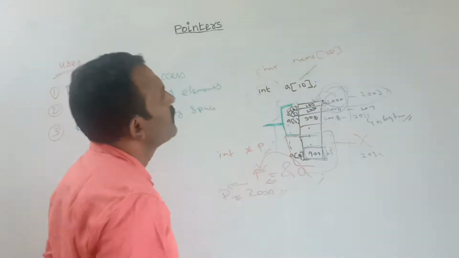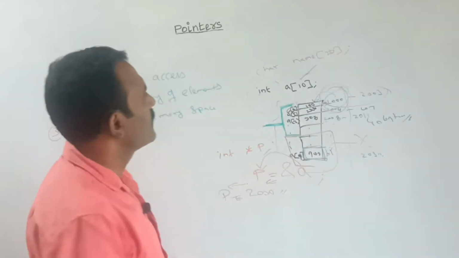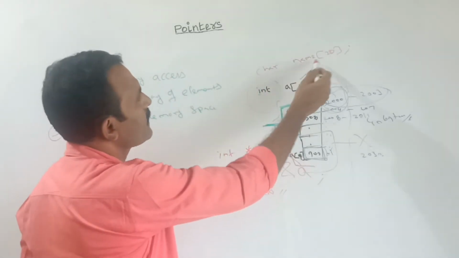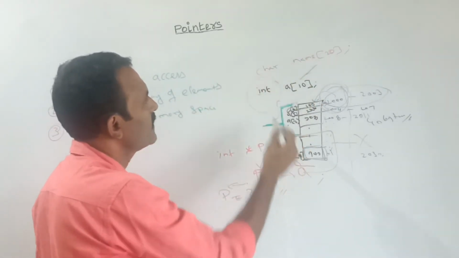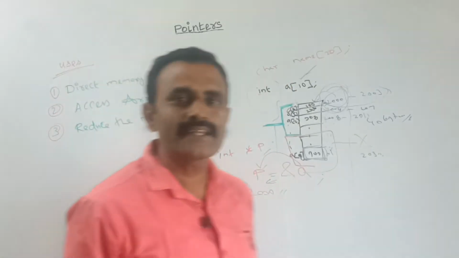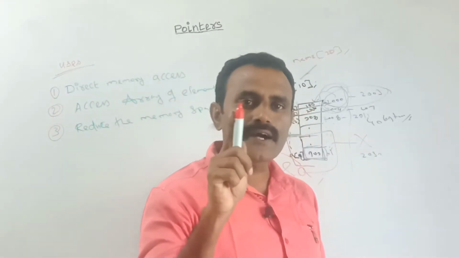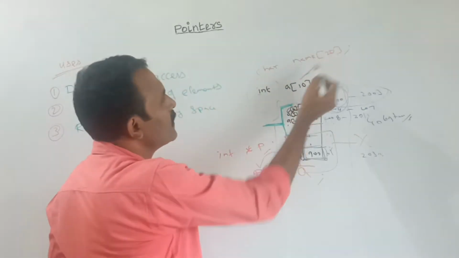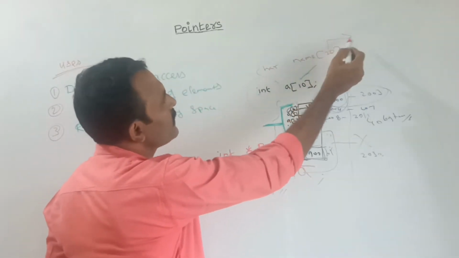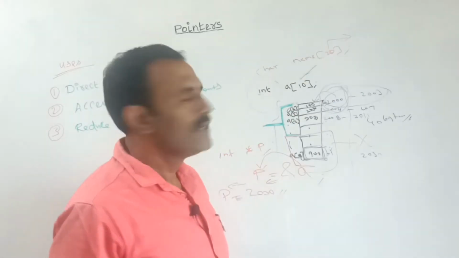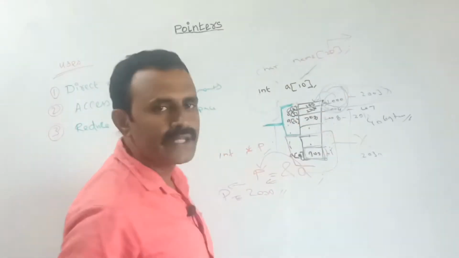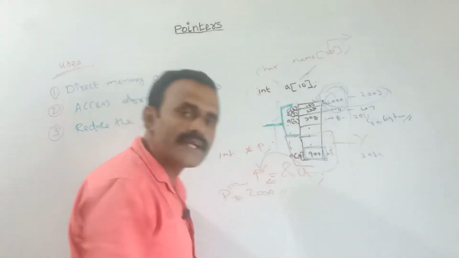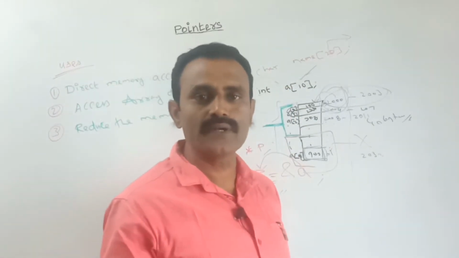You have declared the variable character name of 20. So what is the default size of the character? For the character data type it occupies only a single byte, so 1 byte. So here the subscript value into default data size. Subscript value is 20, the default data size of this character is 1 byte. So 20 into 1, 20.